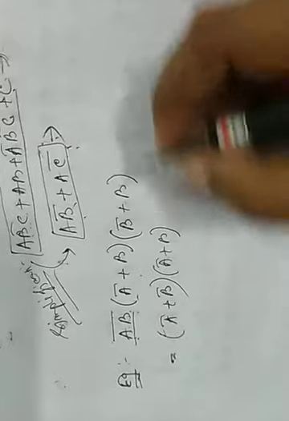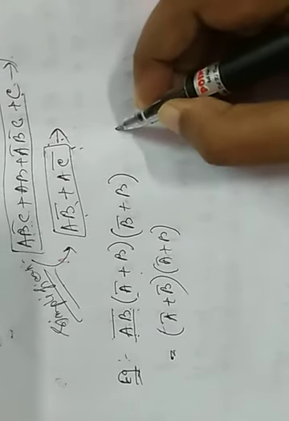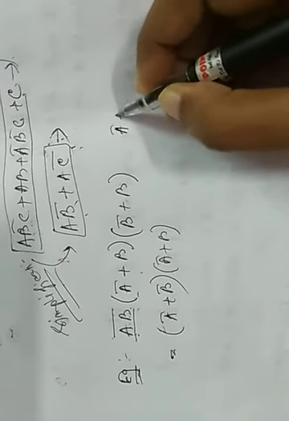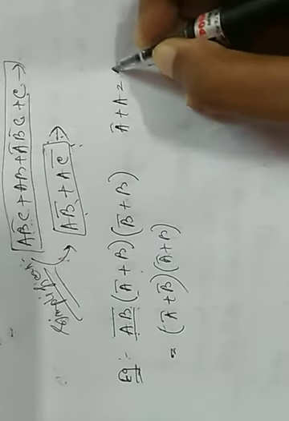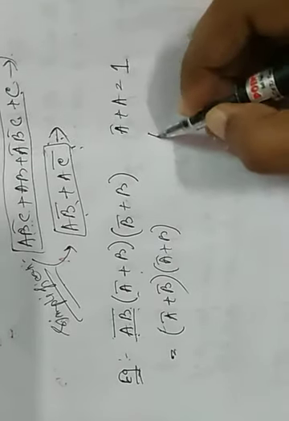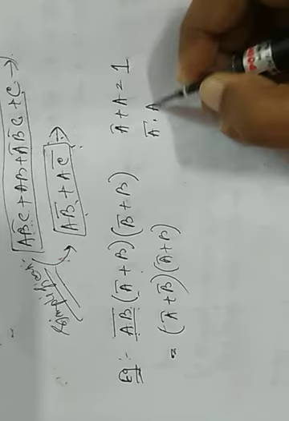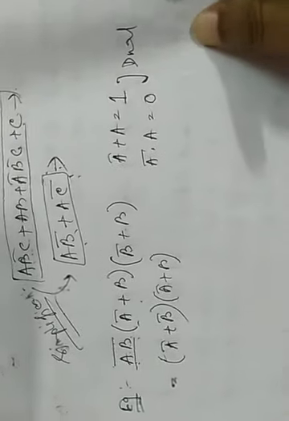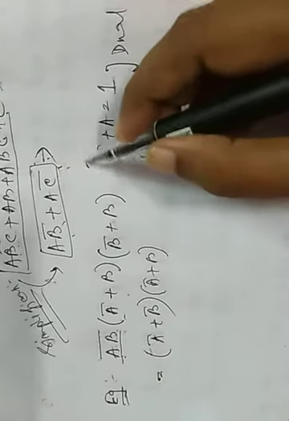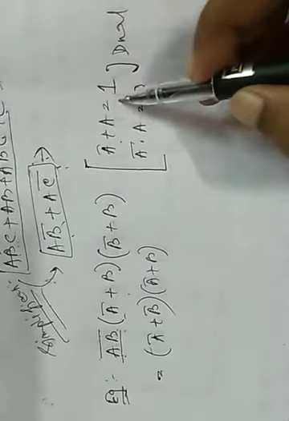Again, we know that b bar plus b, in one law of Boolean algebra, a bar plus a is 1 and a bar dot a is 0. Its dual, just mind it. Everything which we have learned we use in simplifying these Boolean expressions.